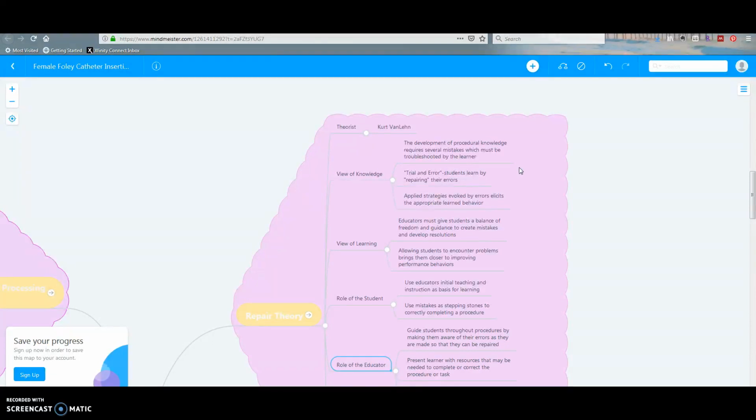I actually just pulled up their paper the other day, but his name is escaping me because we usually think of VanLehn being the one who's tied to repair theory. They talk about bugs in the system, and how when students process, they find bugs in the system. And when they're trying to manipulate those bugs, or repairing their errors, is where they find true learning.